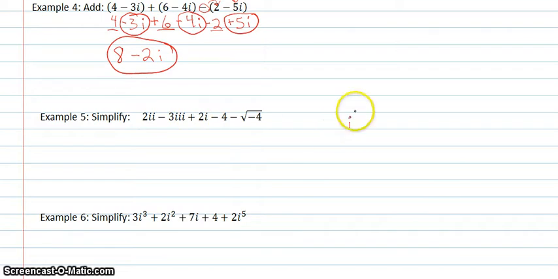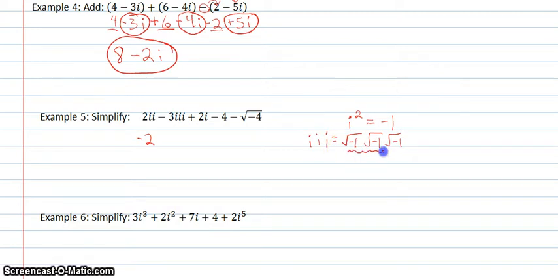Now recall that i squared earlier was equal to a -1. So for the 2i, that's going to be a -2, because an i times an i is i squared. Now the 3 has the square root of -1 times the square root of -1 times the square root of -1.